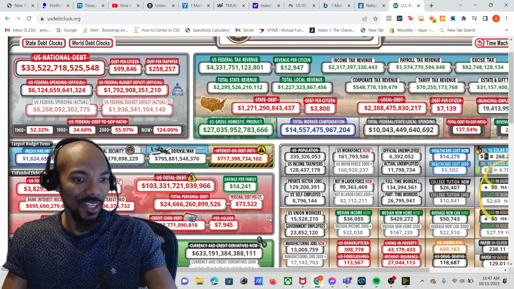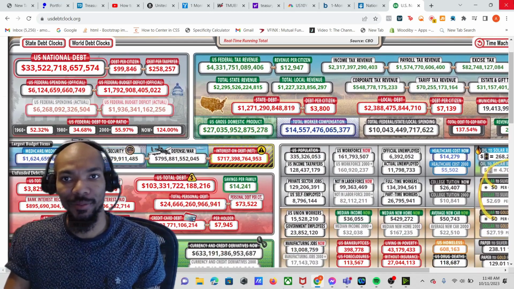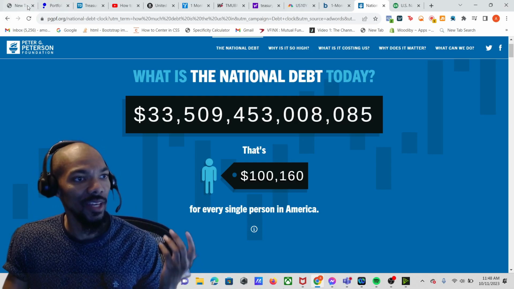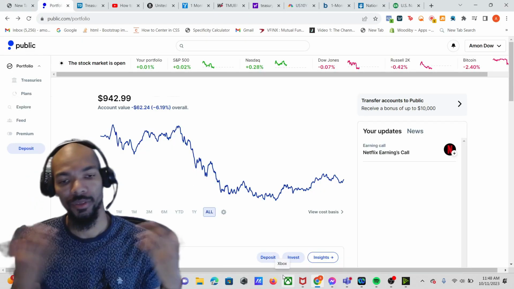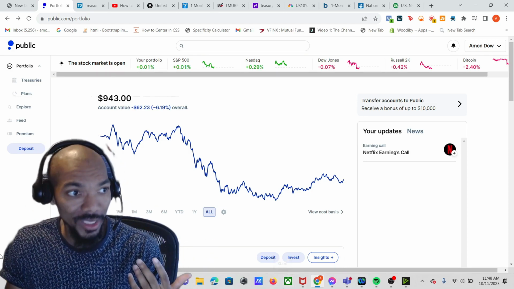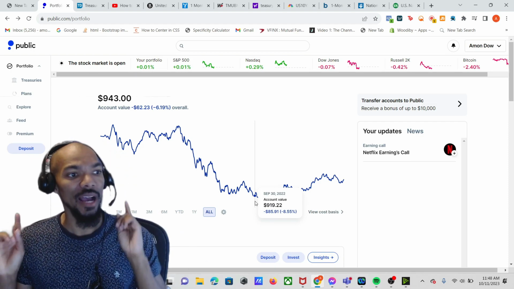When you're buying a bill, you're pretty much providing a loan to the government, and it's considered risk-free. This is probably one of the safest investments you could possibly make.